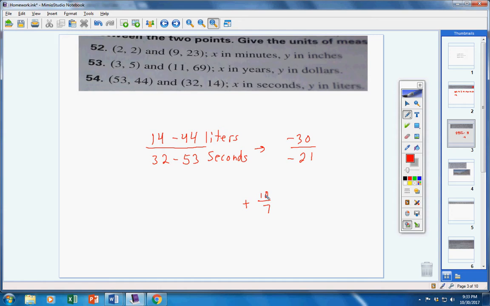So your rate's going to be 1.43 liters per second. Alright? Liters per second. There we go. That's your rate. Okay. So, not too difficult.